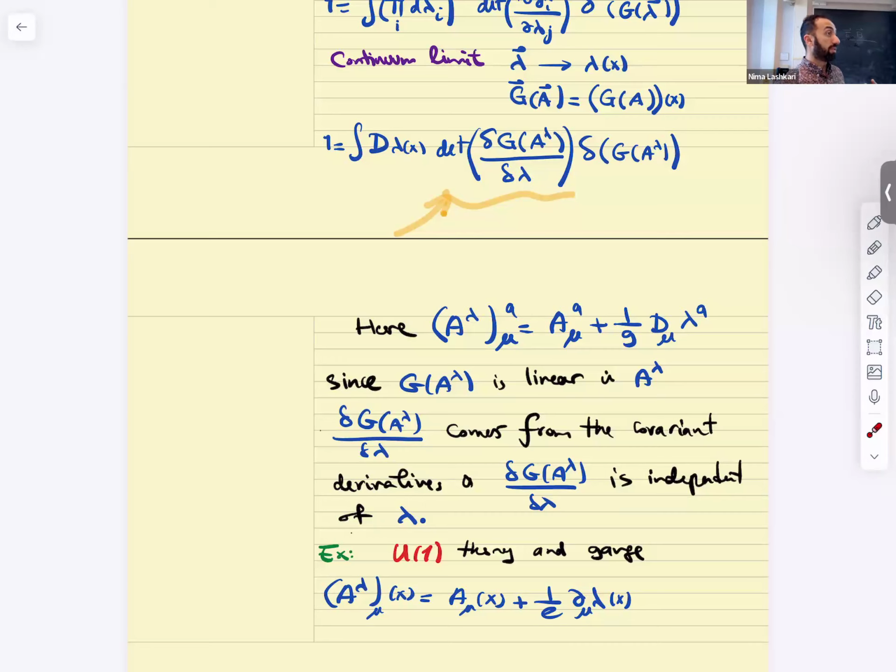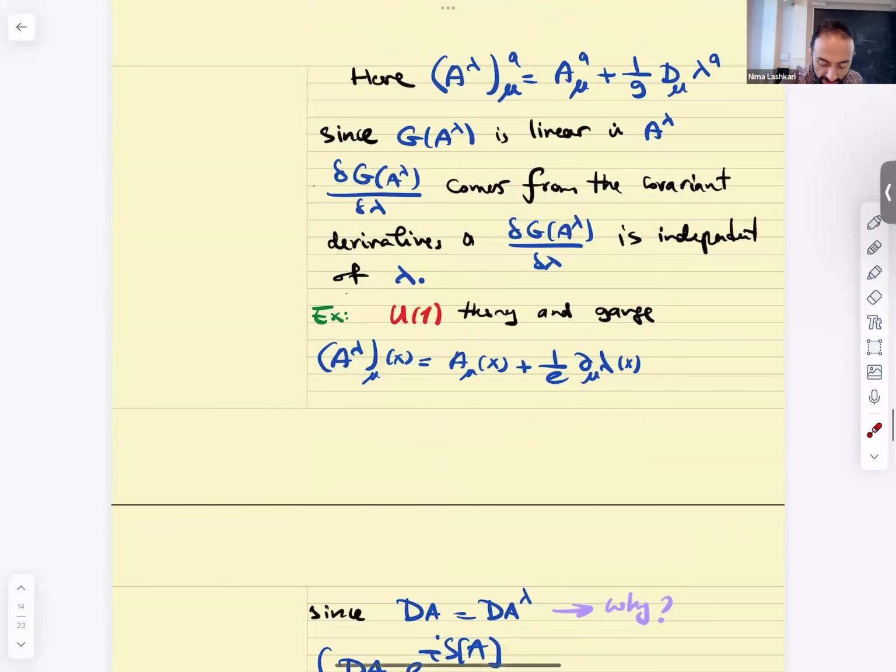It's linear, that's the only thing that matters. It's a linear operator, so when this differentiation is also linear, it comes out depending only on the covariant derivative. So it's independent of lambda.